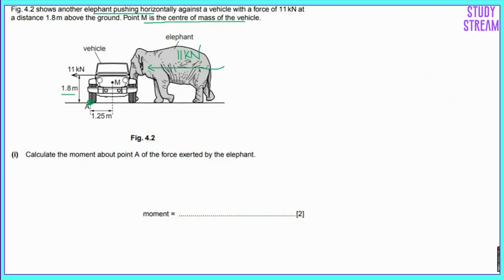Let's try to find the moment because of the elephant about this point. So remember, when you want to find the moment, you need to find the force and the distance. So what is the force? 11 kilonewton. Yes. And then what is the distance? 1.8. Yes.